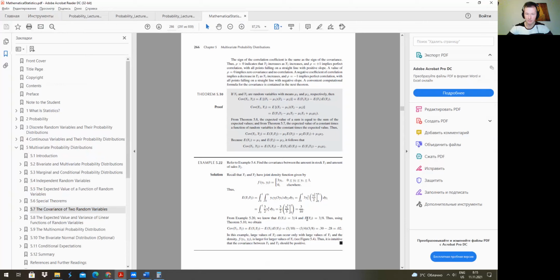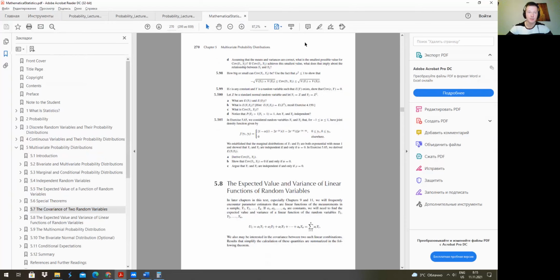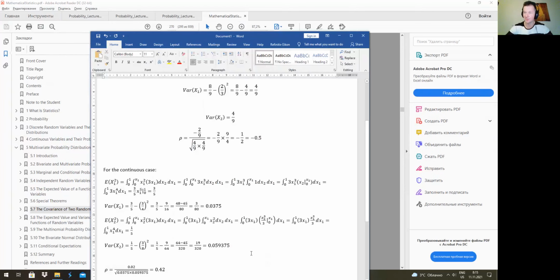Yeah, so they have this covariance. No, it's not this, this is the density function. So the covariance is here. Regarding the variance and the correlation coefficient, they didn't have it. Okay, so let's believe that we were correct. Questions, guys?